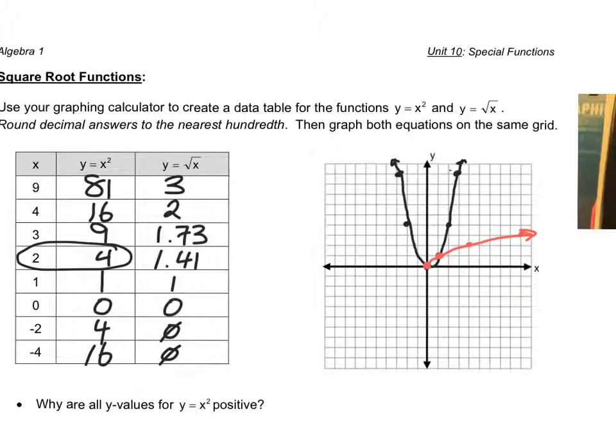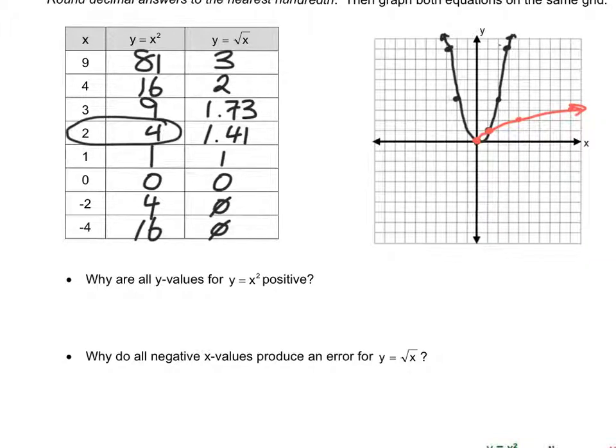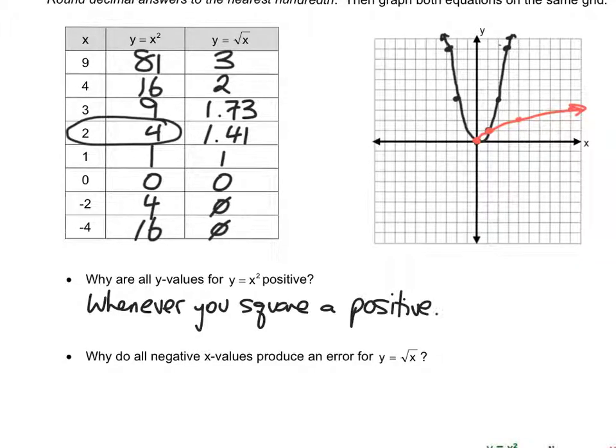So why are all y values for y equals x squared positive? What happens whenever you square a number? You always get a positive result. Whenever you square a number, the result is positive.